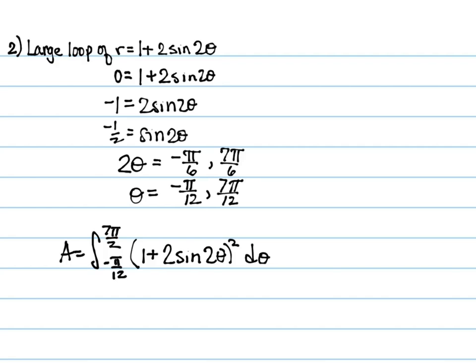All right, got to square that out. So what do we get? That's a good place to start. 1. What comes next? What are my inner and outer terms adding up to when I square? 4 sine 2 theta. And then?